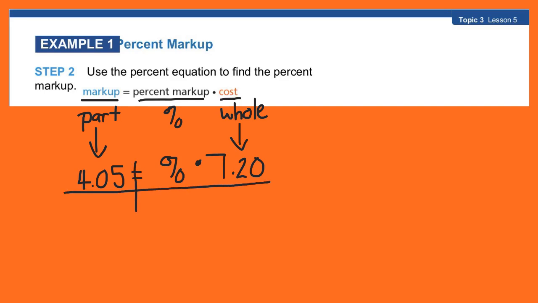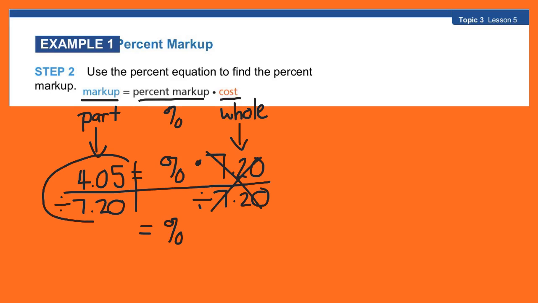Our numbers are divided by that equal sign. One is on the left and one is on the right. So in order to get rid of this multiply by $7.20, I'm going to divide by $7.20. I wanted to do that because that is going to disappear and bring down just the % sign. Then if I were to use a calculator, that's going to come out to be 0.5625.